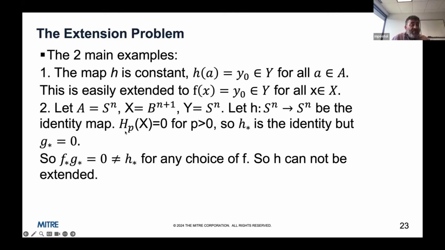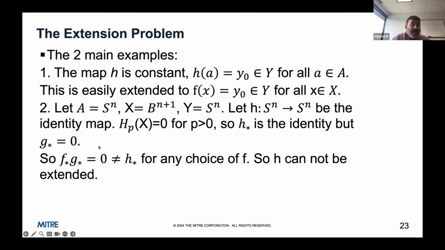Well, here's the problem: in homology theory, a ball just looks like a point. So for p bigger than 0, H_p of X is going to be 0. So what you're trying to do is, h star is going to be the identity. If you have an identity function, h star is the identity.